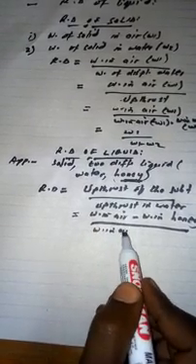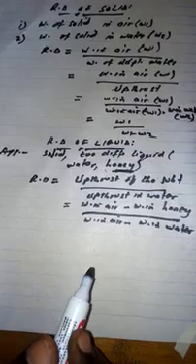So you take the same weight in air of that solid substance, and you subtract the weight of that solid substance when it is placed in water. After that, you can calculate the relative density of that liquid. So this is how you can determine the relative density of a liquid.